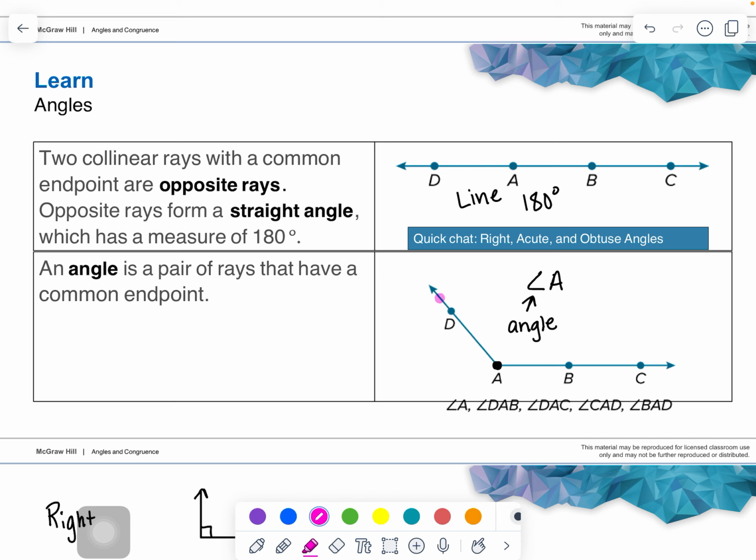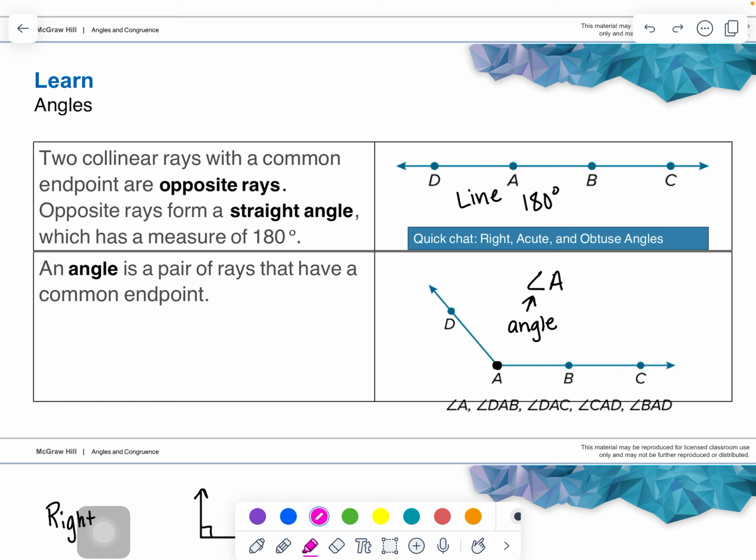So what I mean by that is in this scenario, it has got to be this side. You can't say it's all the part on this side, what we would call the exterior of that angle. So it's going to be the interior of the angle is angle A.